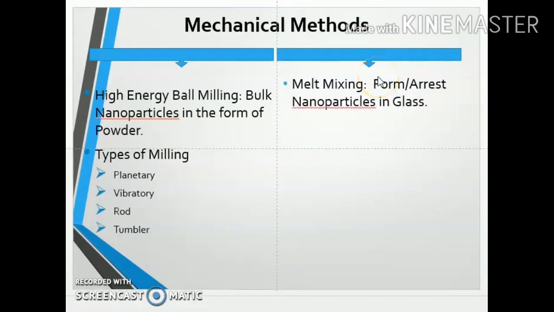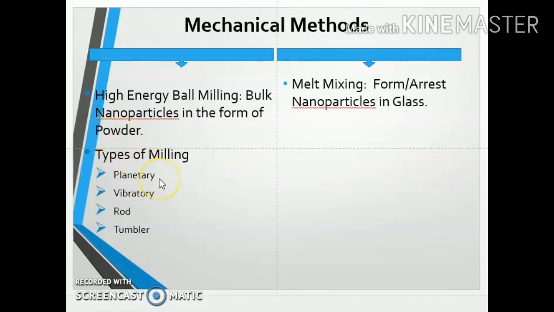We will now discuss the different mechanical methods that can be used for synthesis of nanomaterials. The first one is high energy ball milling. The bulk nanoparticles in the form of powder can be manufactured by high energy ball milling. The ball milling involved in this mechanical method has four types.